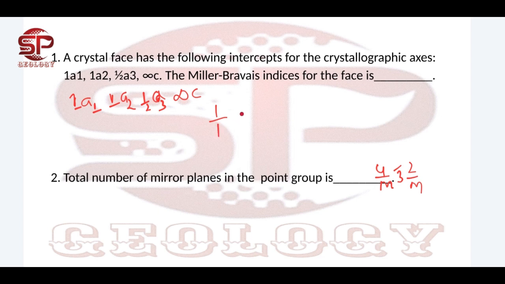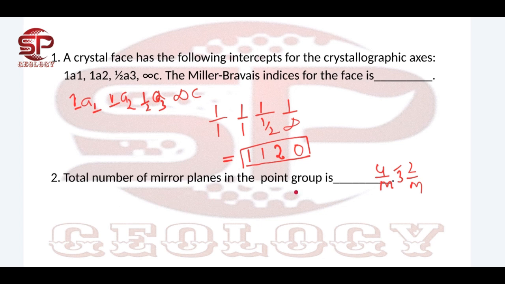Just take the reciprocal one by one: one by one, one by one, one by half which is 2, and one by infinity which is 0. It will be 1, 1, 2, 0. So just take the reciprocal.